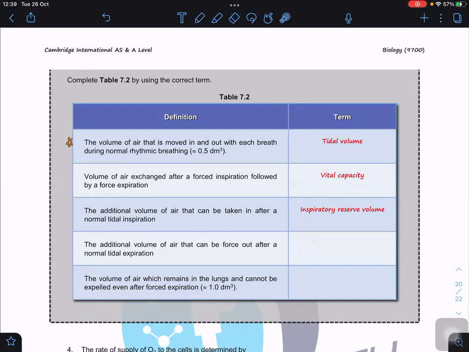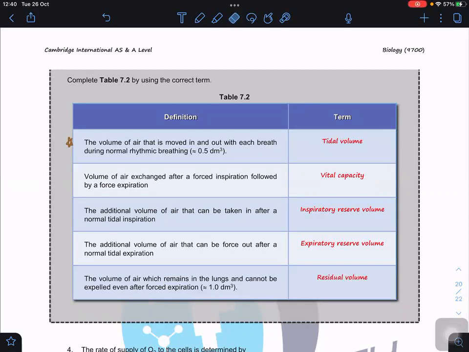Now, the additional air that can be forced out after a normal tidal expiration, so you release, but release even more, this one is the expiratory reserve volume. The remaining air in the lung that cannot be expelled even though we force out, but you still can't, in this case, is termed the residual volume.